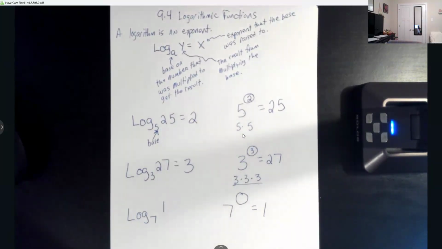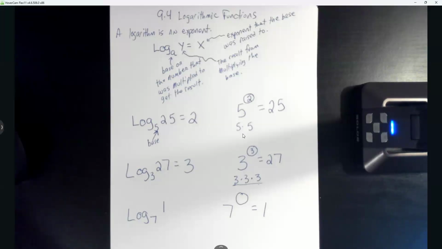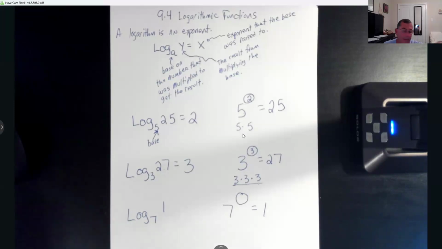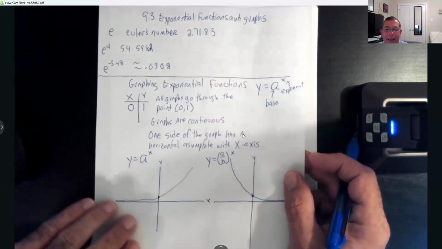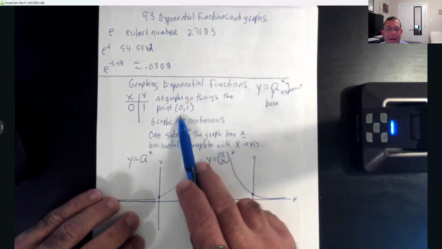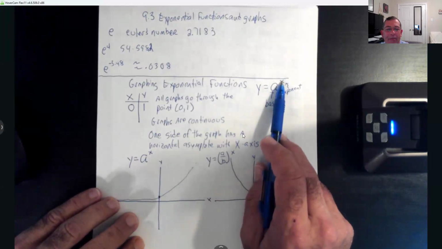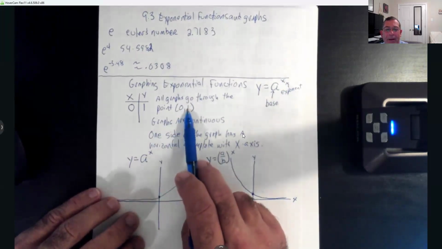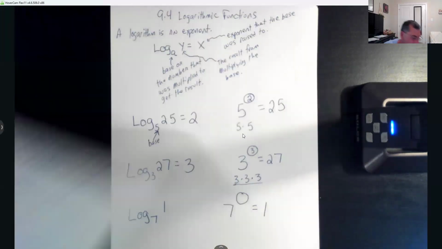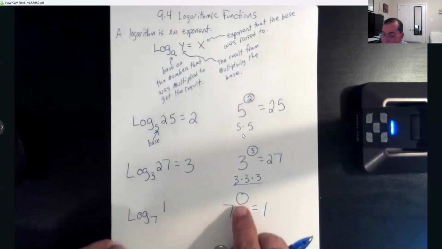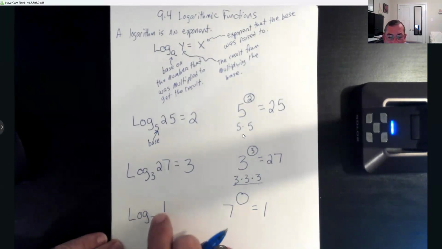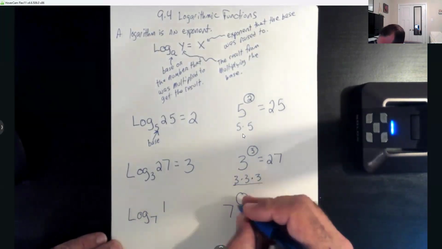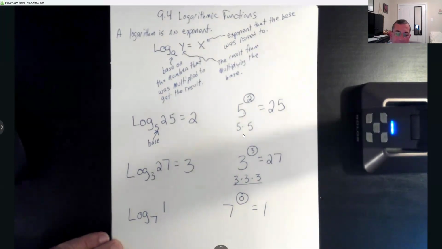And if you remember back, remember this one we said a while ago? If this exponent was 0, we got an answer of 1. So any base, I don't care what the base is. If that result is a 1, then the exponent has to be a 0.